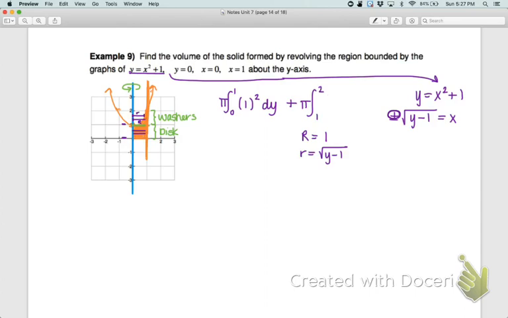That's the bowl part of our figure. And we are going to do capital R, which is 1 squared, minus little r, which is the square root of y minus 1 squared dy. And so that is going to be our integral.